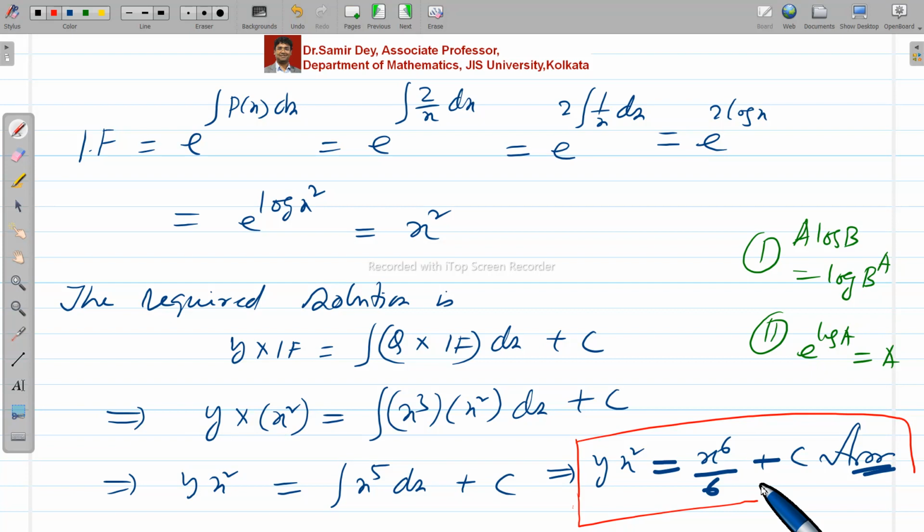If you go through different texts, they are using some multiplication and all, but ultimately they will get the same result. So this is the shortcut and this is the easiest format of the linear equation solution. Please write down. Shall I move to the next slide?